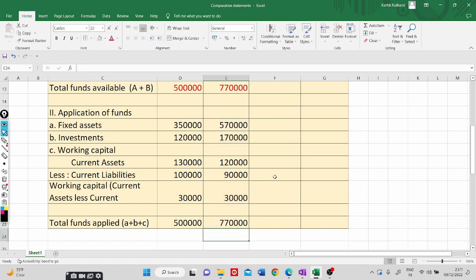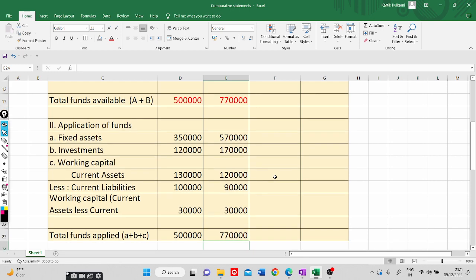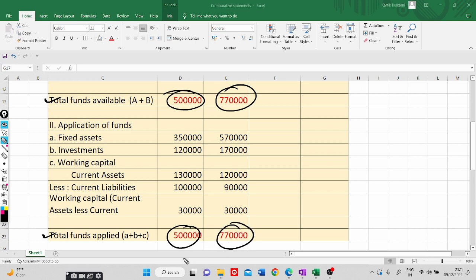So we can see that the total funds available and total funds applied both are the same. You can see here. Hence our balance sheet tallies.